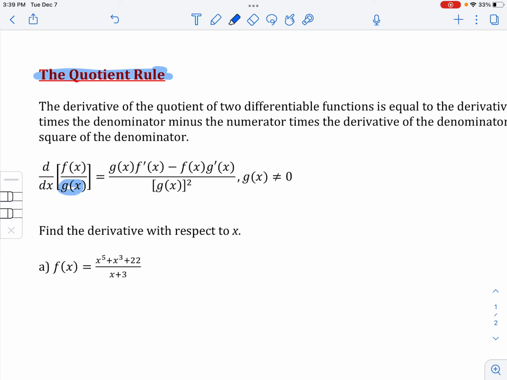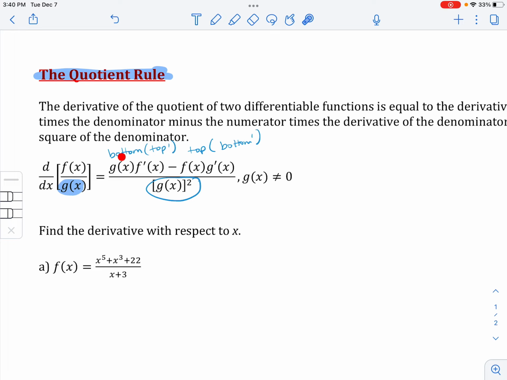But here's really what that means. G of x is the bottom. So this is really keep the bottom one the same, then take the derivative of the top, then do the top times the derivative of the bottom, and then square the bottom. Okay, it sounds like a lot, but let me go through it one more time.